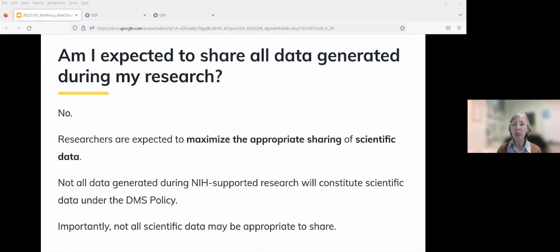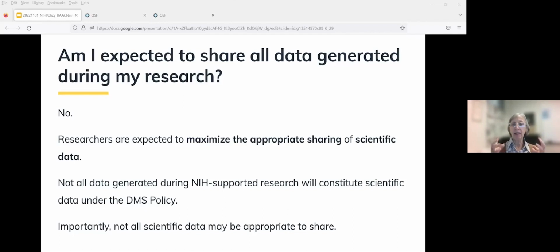So you can't limit it just post hoc to, I did this publication, now I have to share that amount of data. But scientific data does not include lab notebooks, preliminary analyses, completed case report forms, drafts of scientific papers, plans for future research, peer reviews, communications with colleagues, or physical objects such as lab specimens.